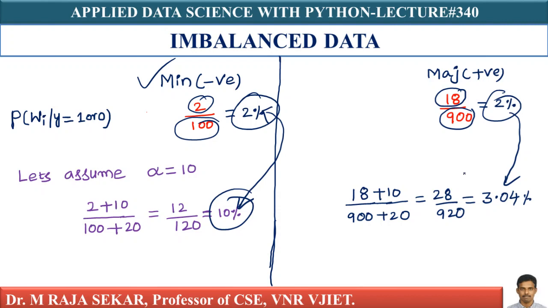Here the numerator and denominator are larger, 18 and 900. Originally both are the same, originally both are 2%, isn't it? But the second case changed less, 2% to 3.04%. For the same alpha, the minority class tends to get impacted more than the majority class, which is unfair if you think about it.